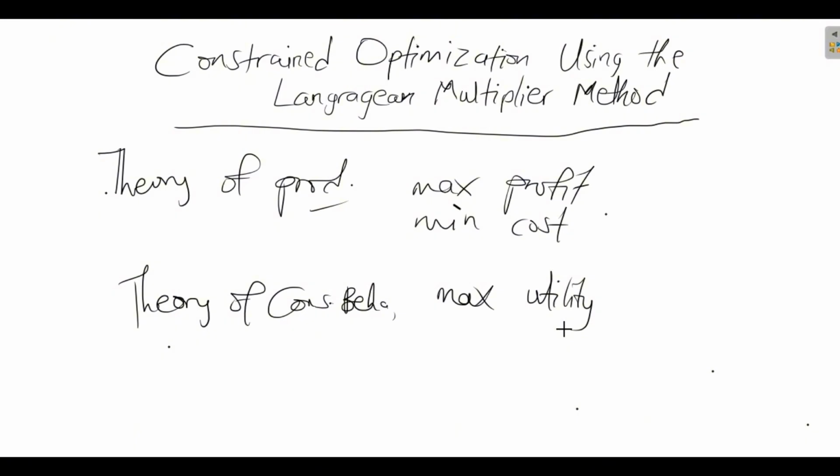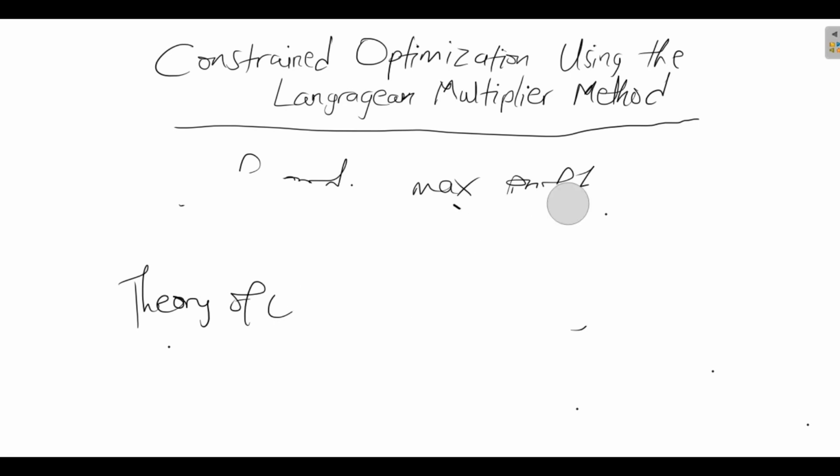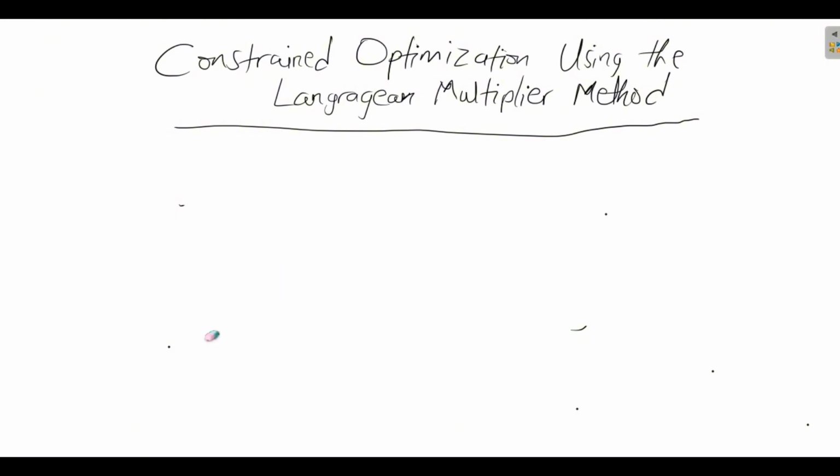Now I'll quickly take you through the steps of how we apply the Lagrangian multiplier method. What are some of the steps we have to do in order to get an optimal solution? First, you can be given any function, let's say f of x, y. So f is a function in terms of x and y.